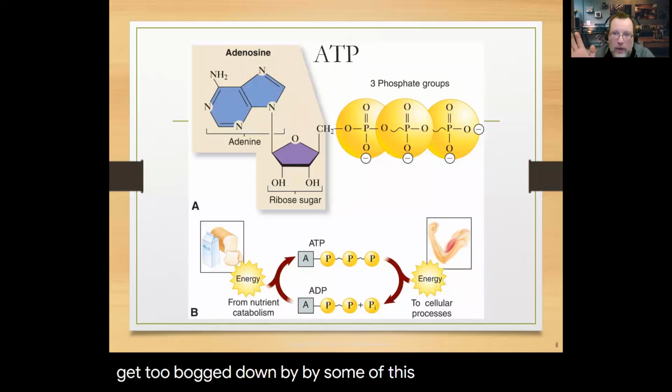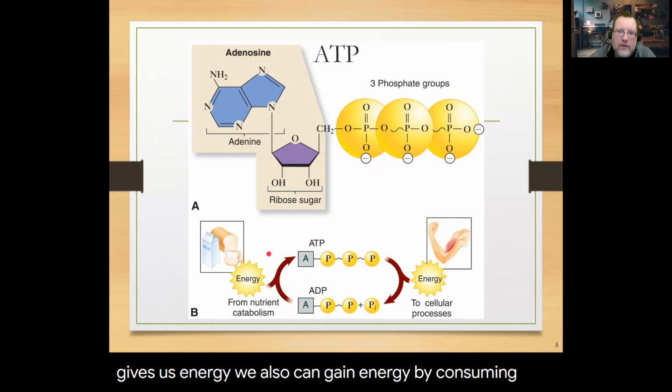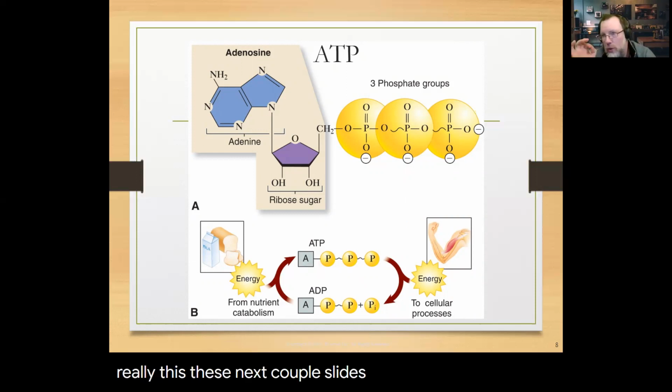We know ATP is cellular energy. We get it by breaking a bond. We break this P off of here, and we get ADP plus P. That breaking of the bonds is what gives us energy. We also can gain energy by consuming carbohydrates and certainly oxygen.